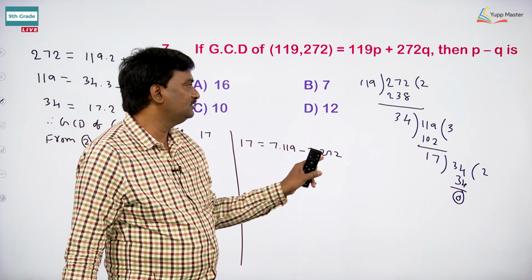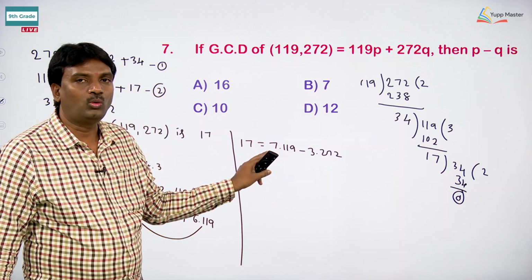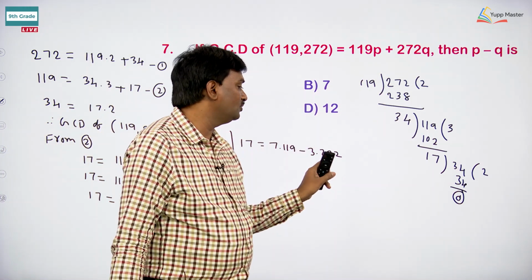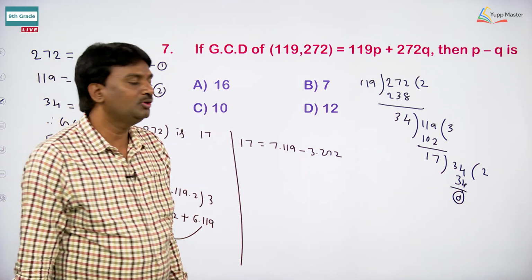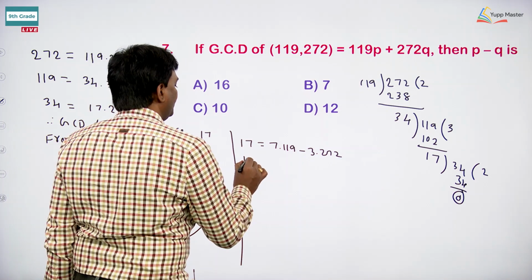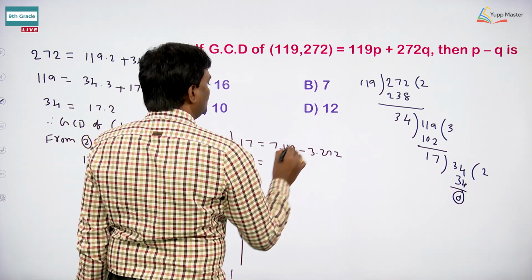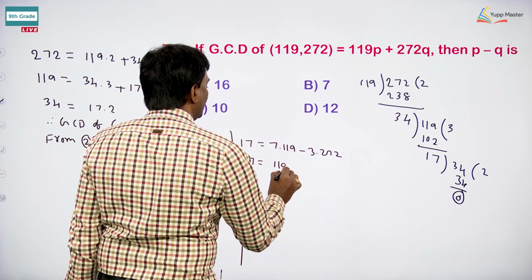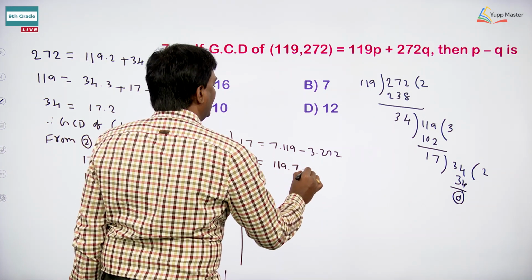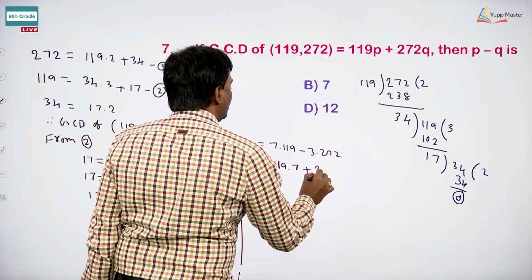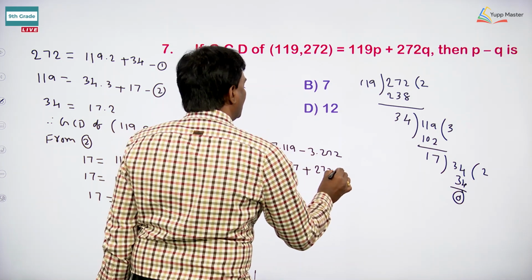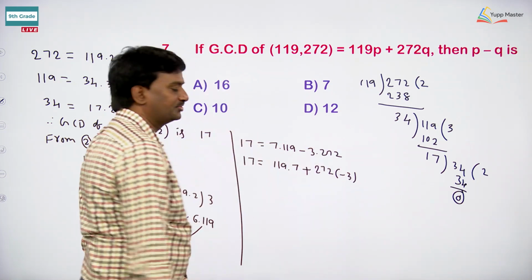Now we have to express this in the form 119 into P plus 272 into Q. So we can write 17 equal to 119 into 7 plus 272 into Q, and in place of Q we can write minus 3.